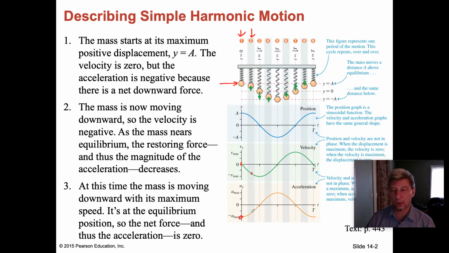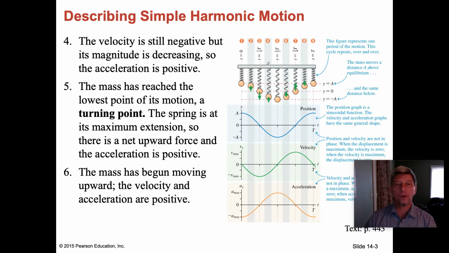It's getting smaller. And at step 3, where we've reached the equilibrium point, now the mass is still moving downward, so the position is 0, but the velocity is at its maximum, all right, negative maximum, but still maximum. And so the net force at this point is 0, and therefore the acceleration is 0.